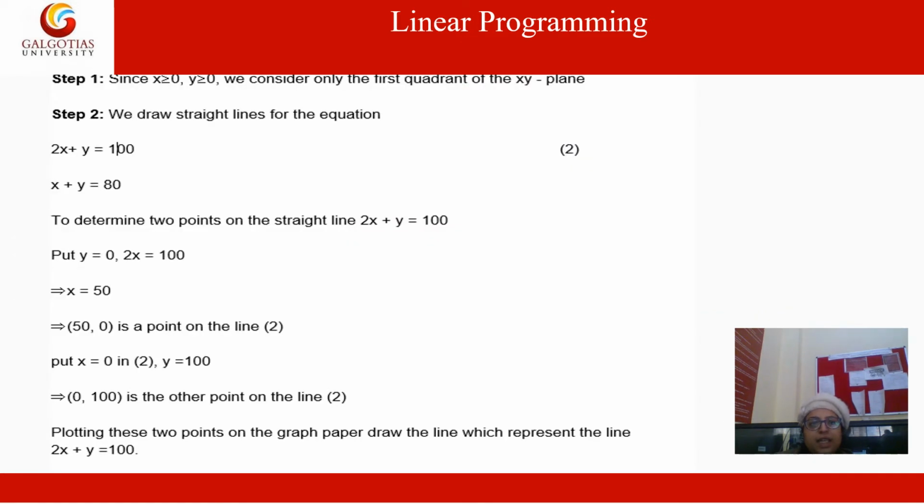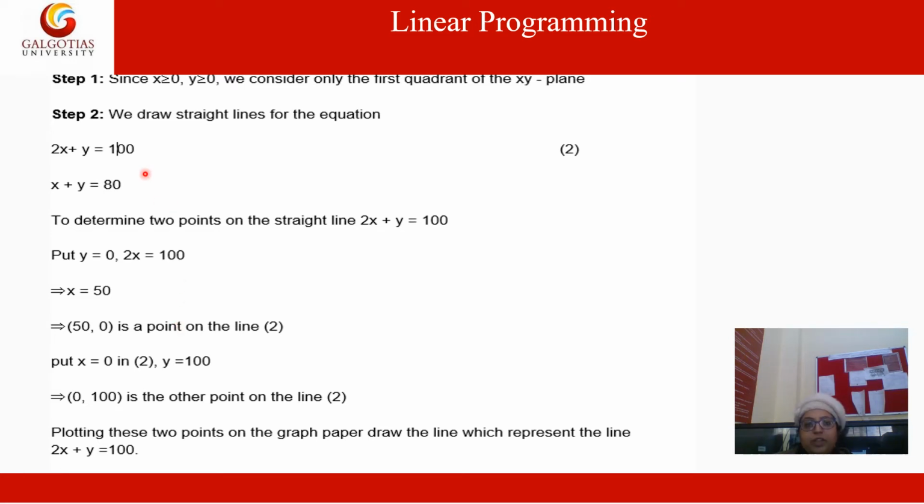So since x is greater than equals to 0, y is greater than equals to 0, we consider only the first quadrant. So let us draw the straight line for the equation. In the first equation, we are having 2x plus y. Let us make it equivalent to 100. Once we put y equals to 0 in equation 1, we get the value of x equals to 50.